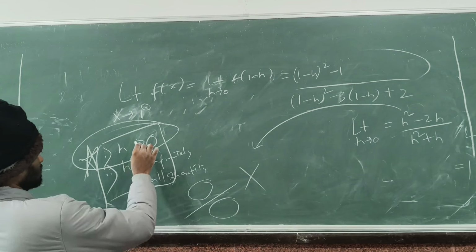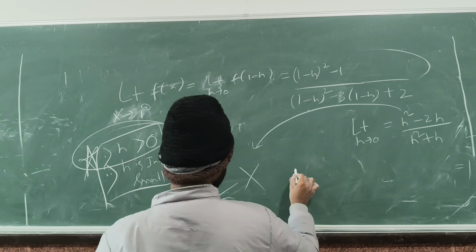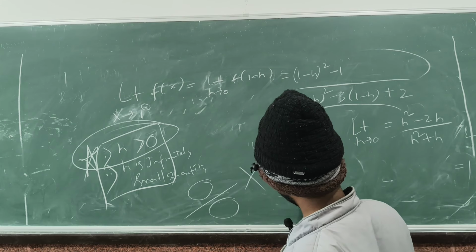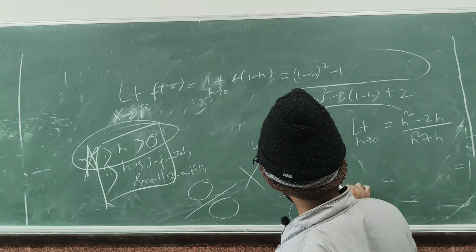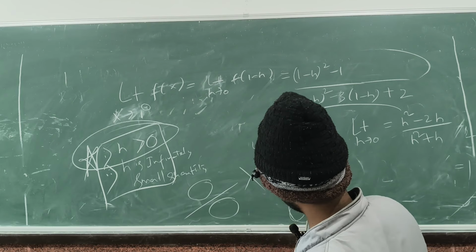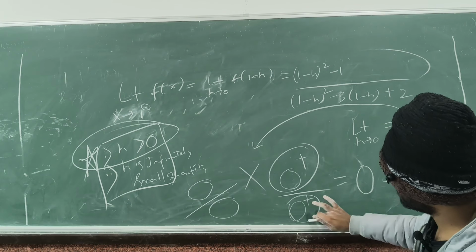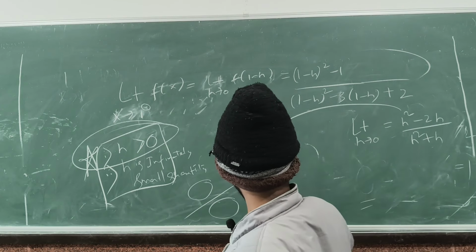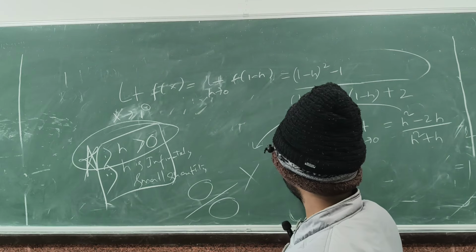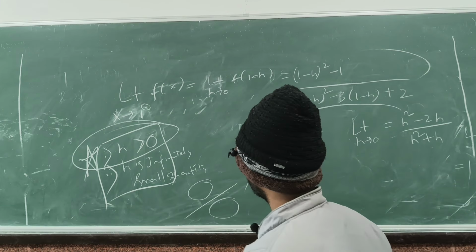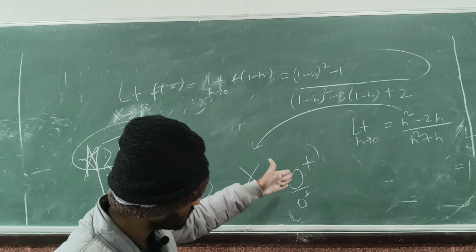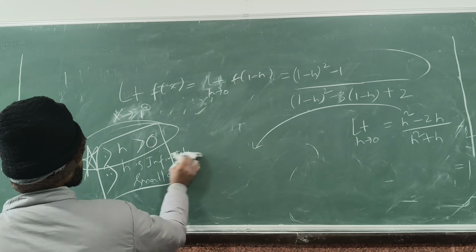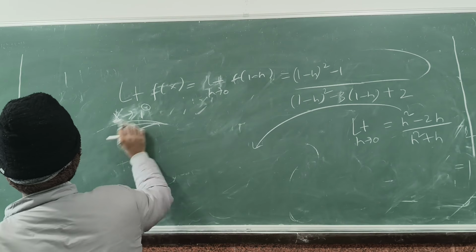But if you divide something tending to 0, just greater than 0, 0 plus by 0 plus, this is not exactly 0, so we can divide that. Equals 1, 0 plus by 0 plus, we can divide. So here h is not exactly 0, but just a positive quantity. This is a very, very important point.